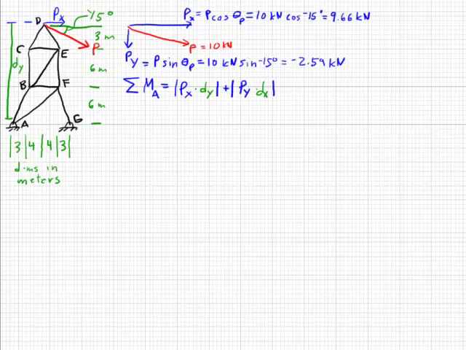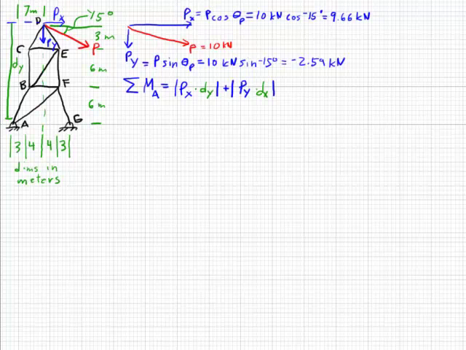We find dx, identifying Py on the diagram, and finding its horizontal distance because it is a vertical force. And here is 7 meters, 3 plus 4. This is the line of action of Py. It is a perpendicular 7-meter distance from point A.